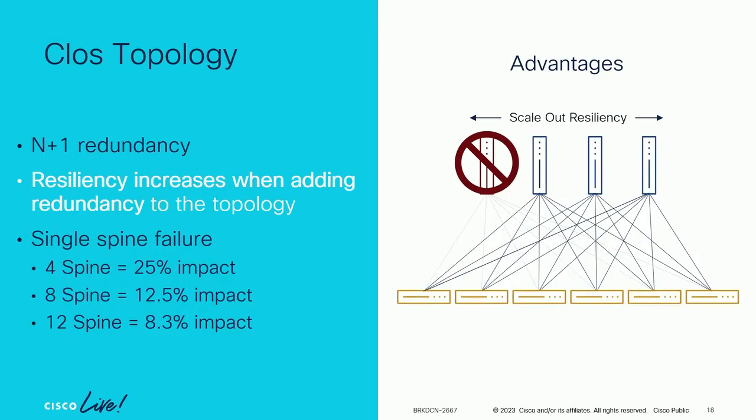We lose one spine in a 4-spine topology, we've lost 25%. If we've gone wider than that, to 8 spines, it's a 12.5% impact. You can see how the math is working here, but the architecture is designed to be very capable of withstanding outages in all places in the network.